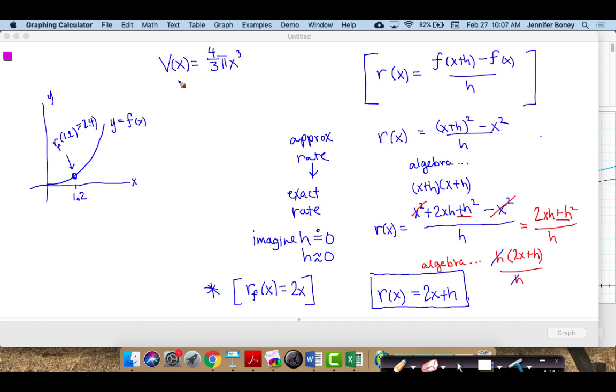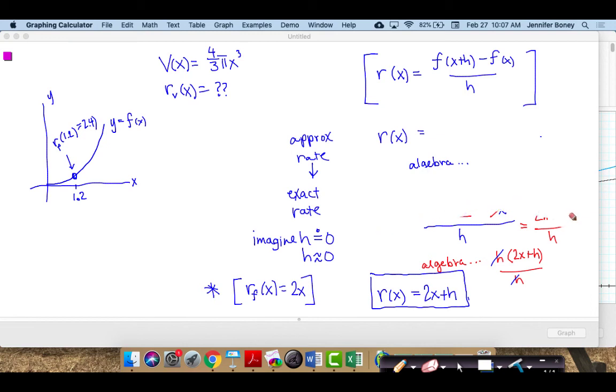But if I want to find the rate of change of function v, I'd need to do this. Now it's going to be a little bit messier than with just x squared, but same idea holds. It involves the same sorts of additional algebra. We're going to do some, well, cubing a binomial and so forth.